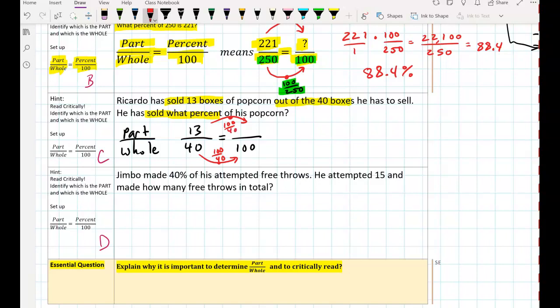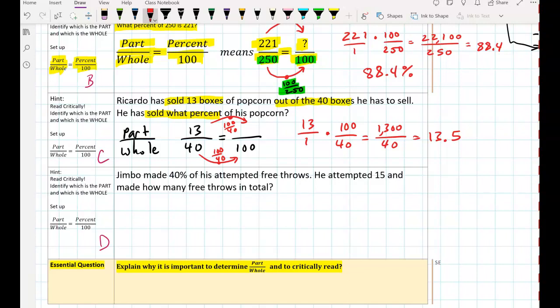So then, what is 13 over 1 multiplied by 100 over 40? 13 times 100 is 1,300. 1 times 40 is 40. And 1,300 divided by 40 is 13.5.